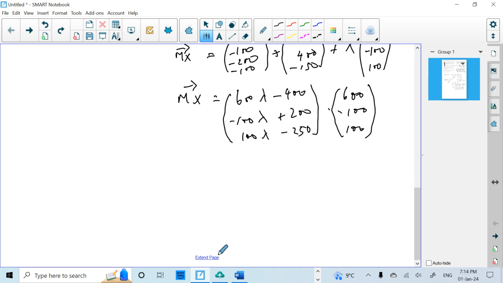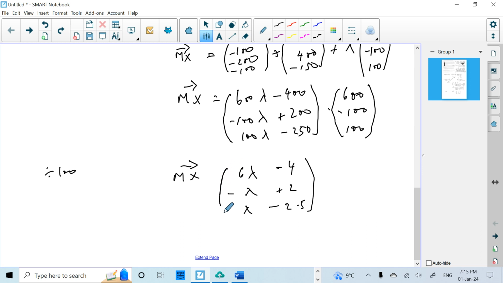So mx, dividing through by 100, I end up with 6 lambda minus 4, minus lambda plus 2, lambda minus 2.5, and multiply that by 6 minus 1 and 1, and that looks a lot tidier.